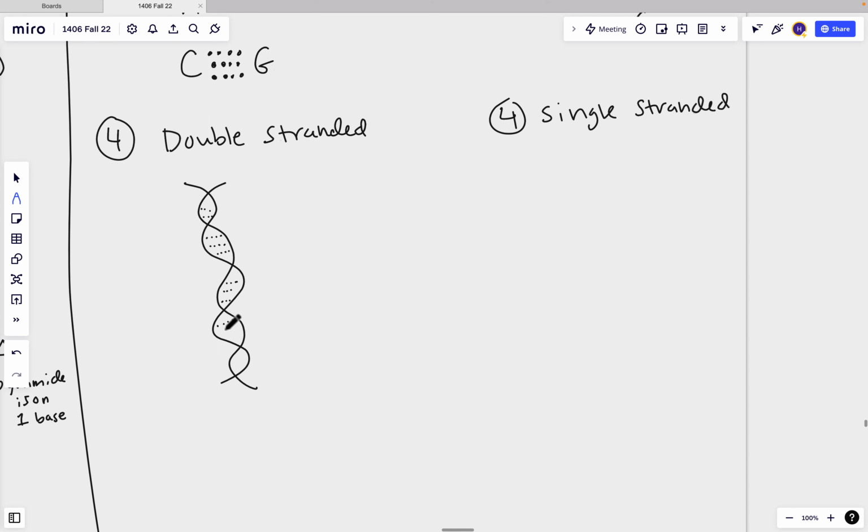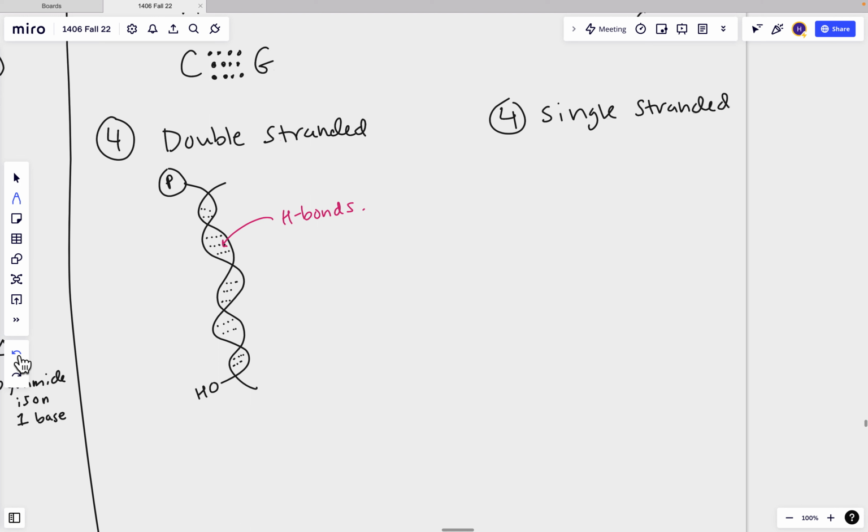It's held together by these hydrogen bonds between those nitrogenous bases that we just saw. We'll see that more detail in a different chapter. We've got a phosphate on one end here, and if we track this down, this strand ends up on this left side. So we have the hydroxyl group over here, 5', 3'.